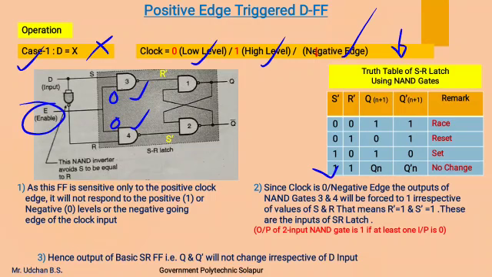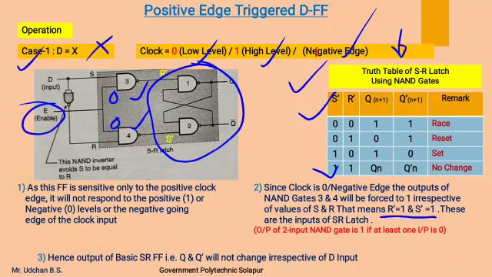As gate number 3 and 4 have at least one input 0, their output will be 1, means gate number 3 will have an output 1 and gate number 4 will also have an output 1, by which R dash and S dash inputs go high, which are the inputs of this SR latch. Already we know the truth table of SR latch using NAND gate, which is shown over here. Now R dash and S dash both are 1.